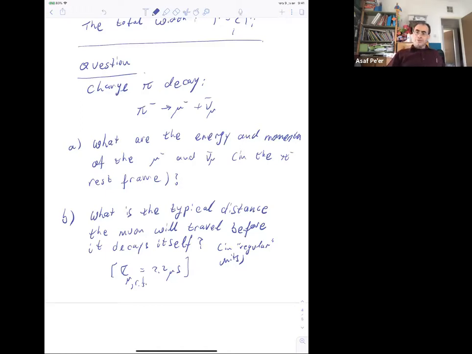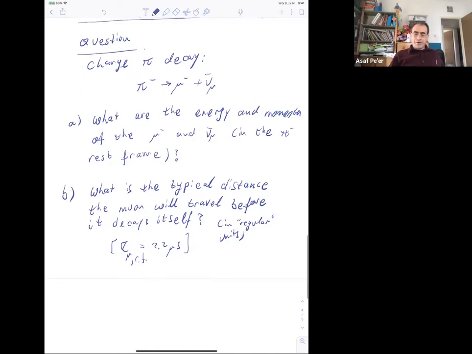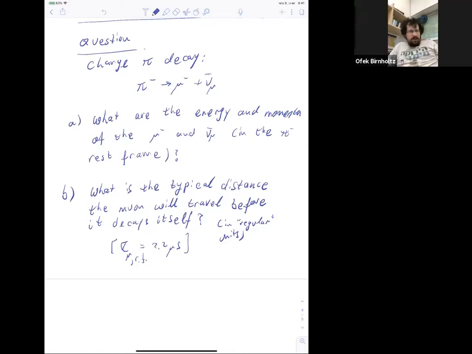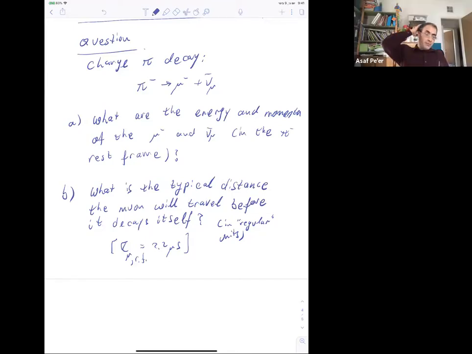So, who's volunteering to answer the first part? What are the energy and momentum of the muon and the muon neutrino that are produced in the pion decay? Is this anything more than solving two equations in two variables, where the equations are the mass and linear momentum conservation in an arbitrary direction? Well, in principle, yes.